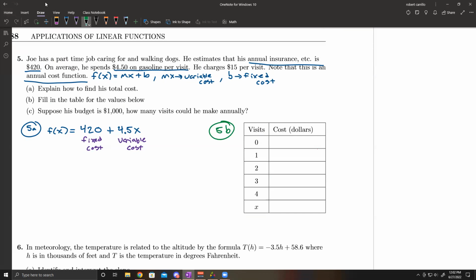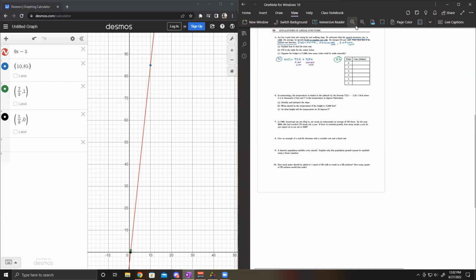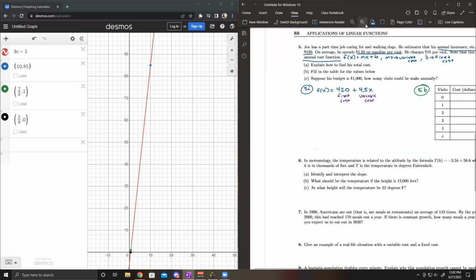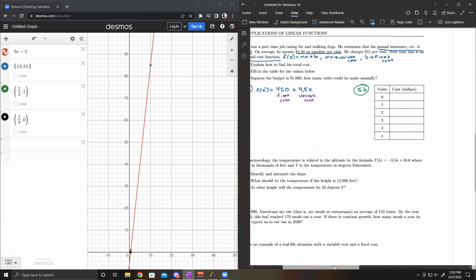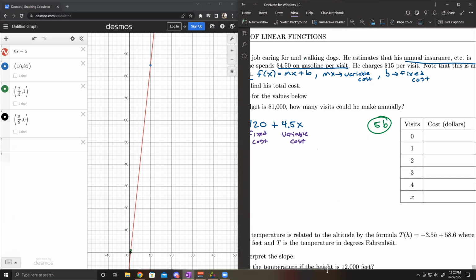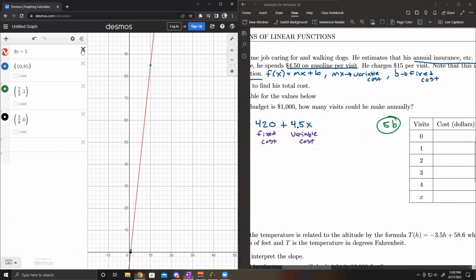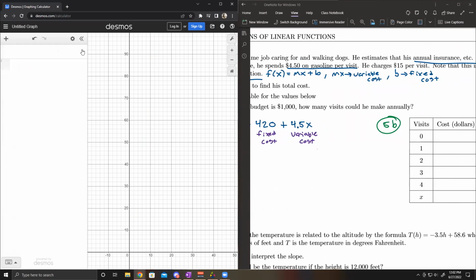Okay, so to make a table, I'm going to show you how to use Desmos. So let me clear everything that's here. To calculate these values, it's not crazy difficult, but if you want to learn how to use Desmos, what we're going to do is type this function in.